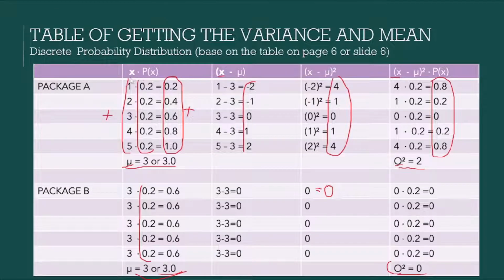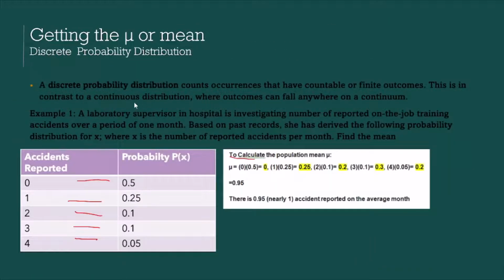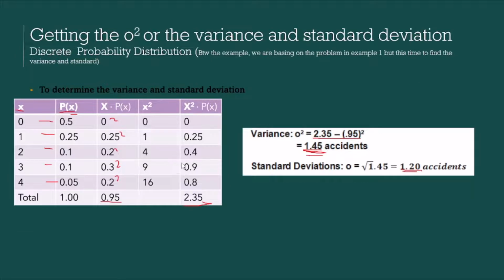Now, the formulas are different for getting the variance and the mean, right? It's different because the example one is just a normal way of getting the variance and the mean: just timesing it, then getting the answer, then adding the answers, and that's how we get the mean. And the variance too, and then square rooting for the standard deviation.